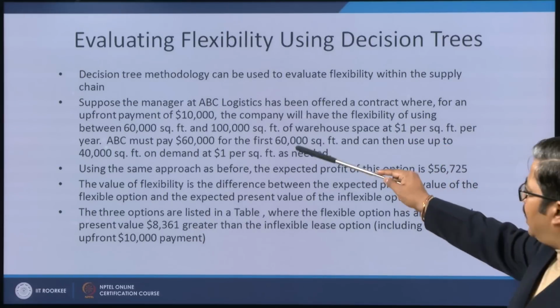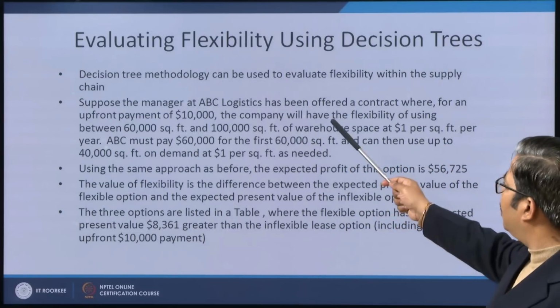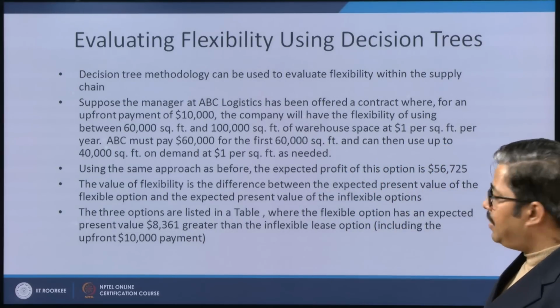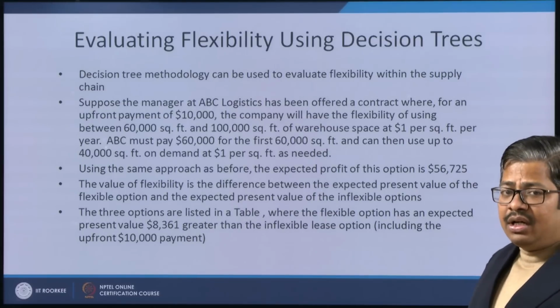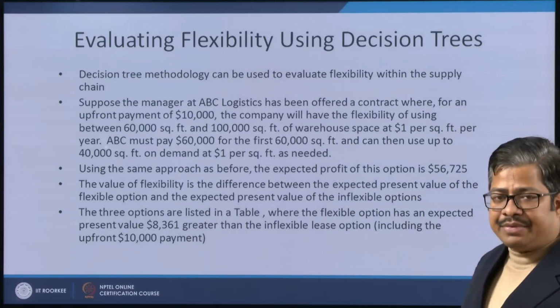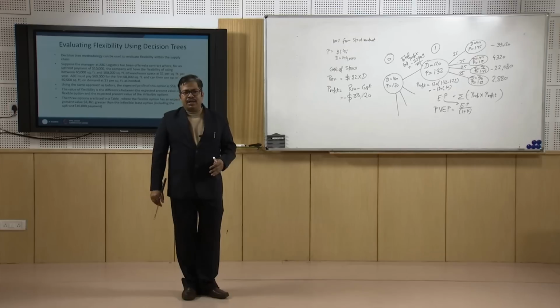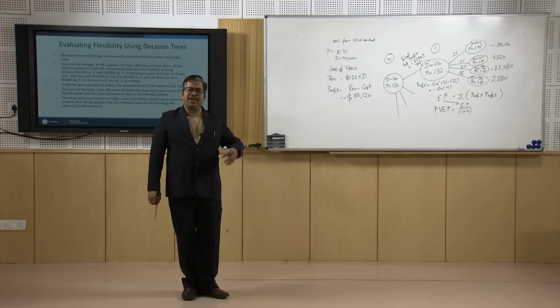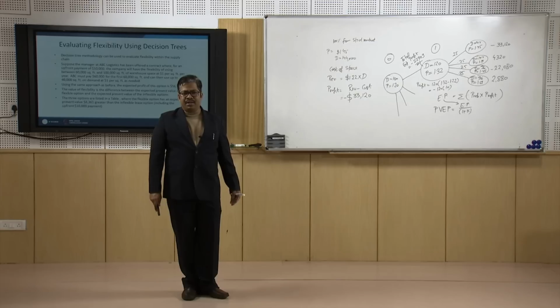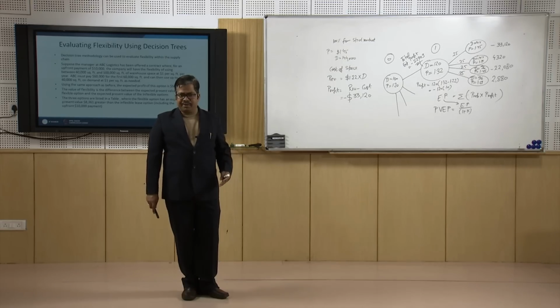how we can use this decision tree method for evaluating the flexibility in the supply chain, because the whole purpose of predictive analytics and real time data use is to have flexibility in your supply chain. If you do not have flexibility in your supply chain, the use of real time data is not going to give you any kind of benefit.